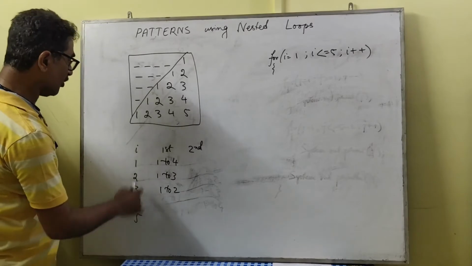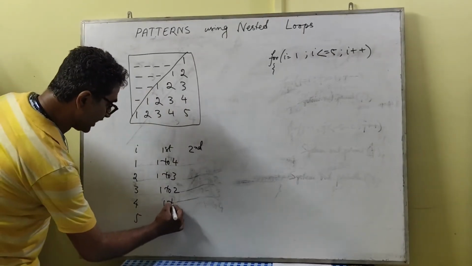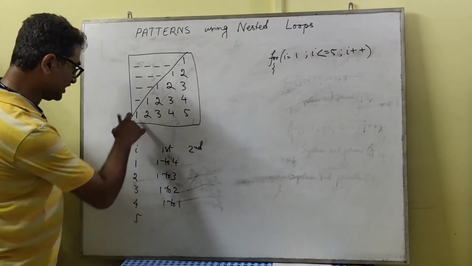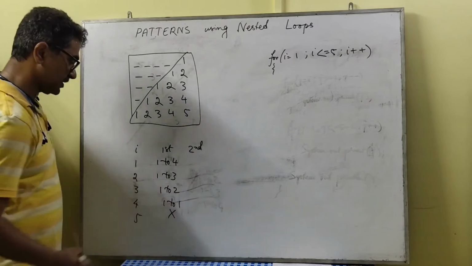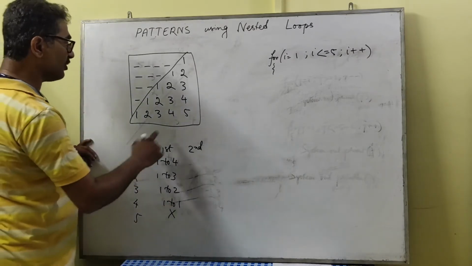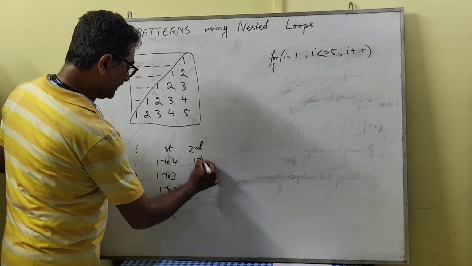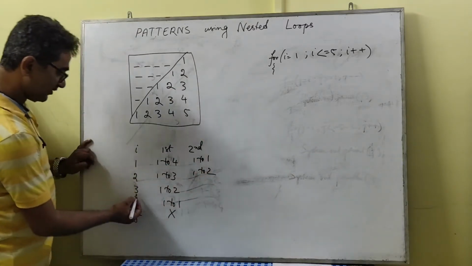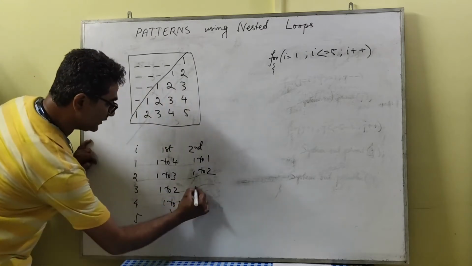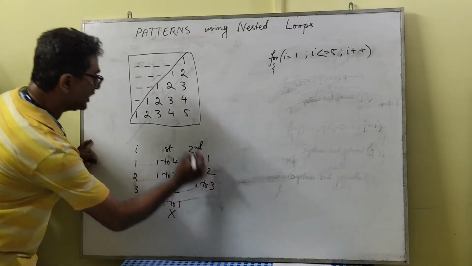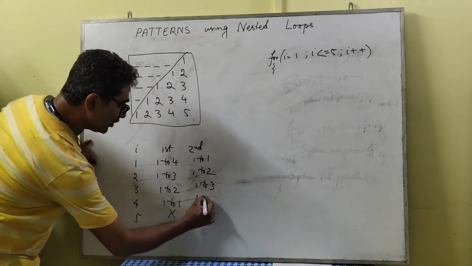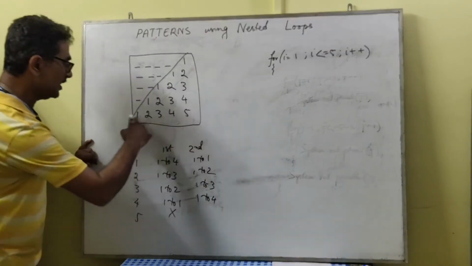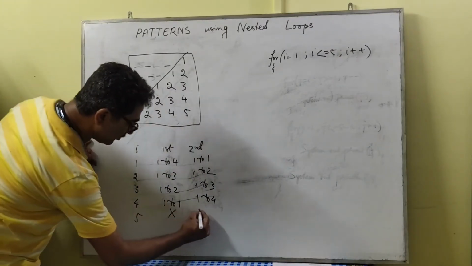When i is 4, I am printing 1 space. So 1 to 1. And when the value of i is 5, nothing. So we put a cross. Now for the second half, when i is 1, 1 to 1. When i is 2, 1 to 2. When the value of i is 3, 1 to 3. When i is 4, 1 to 4. This one is simple. When the value of i is 5, 1 to 5.